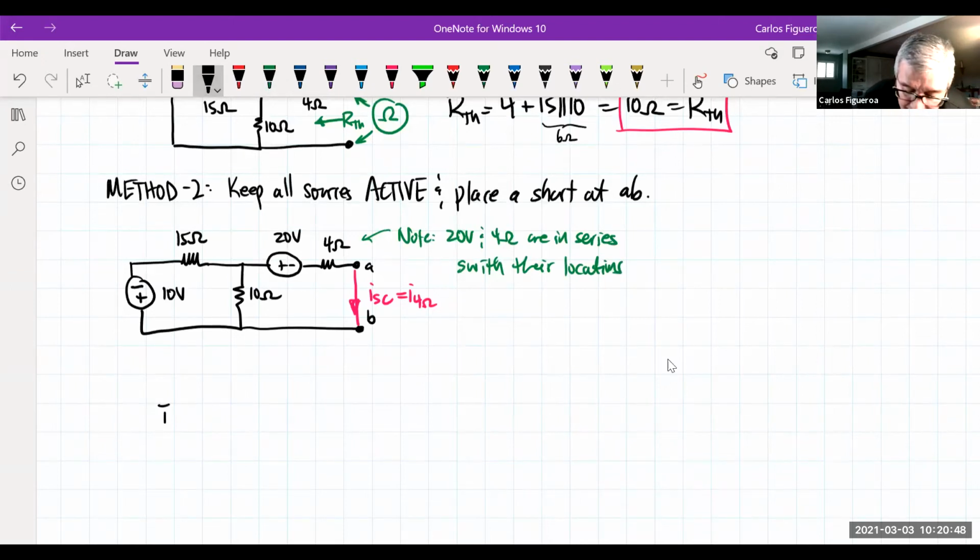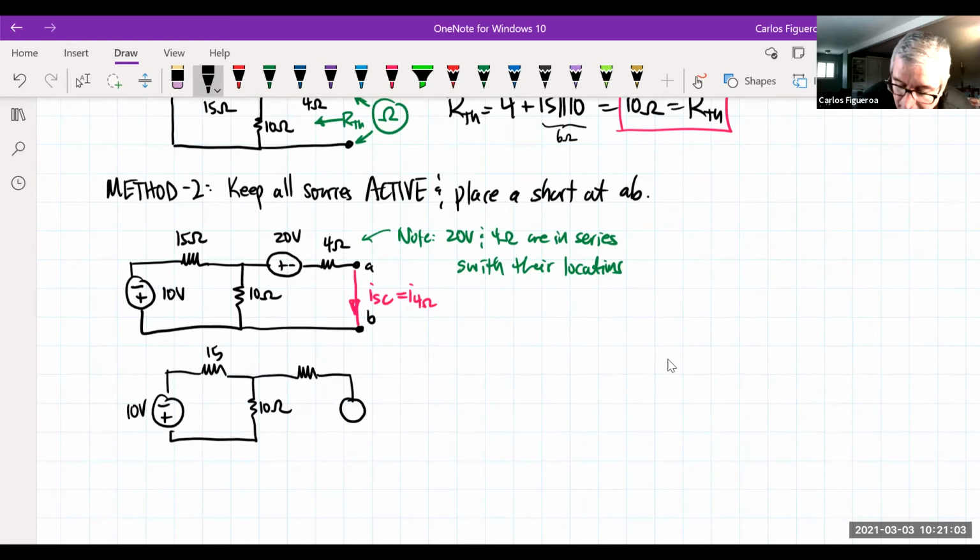I get minus 10, or I get 10 volts, 15, and then I have the 4, and then I have my 20 volt source here. So I know that with the 4, this is the direction of the current that I'm really looking for. That's I short circuit.